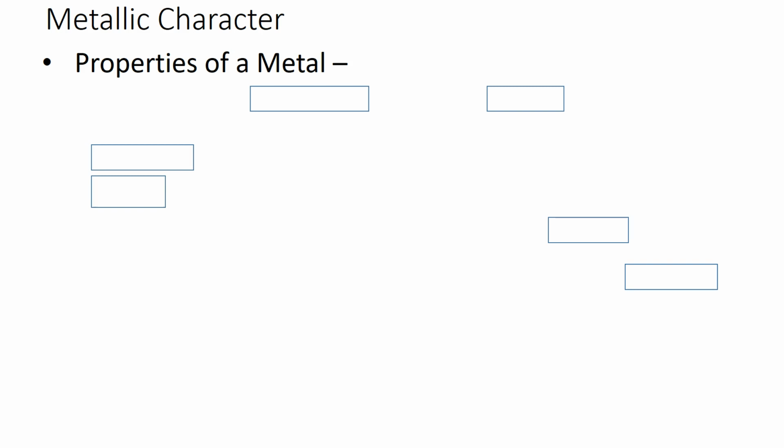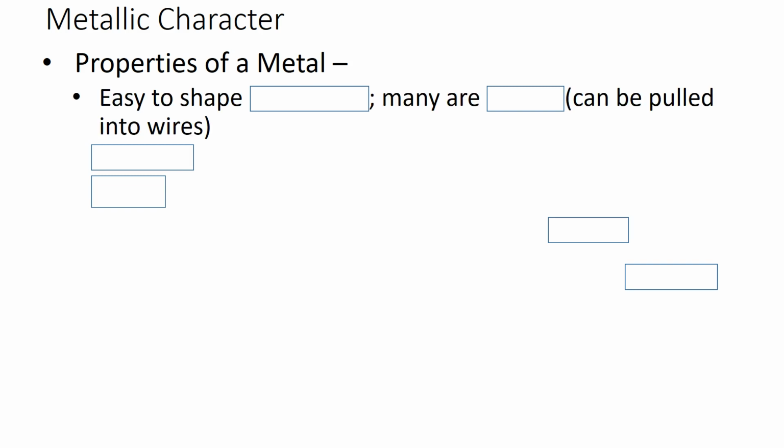So when we talk about metallic character, what elements show the most characteristics of a metal? When we look at the properties of metals, one property is that they're easy to form into shapes.